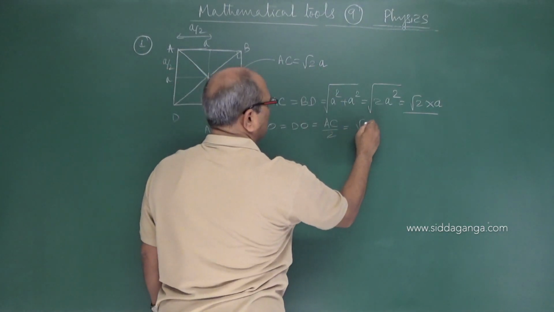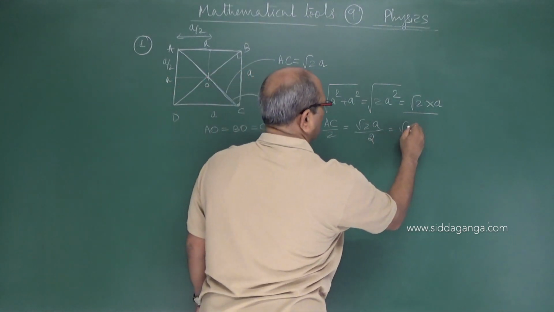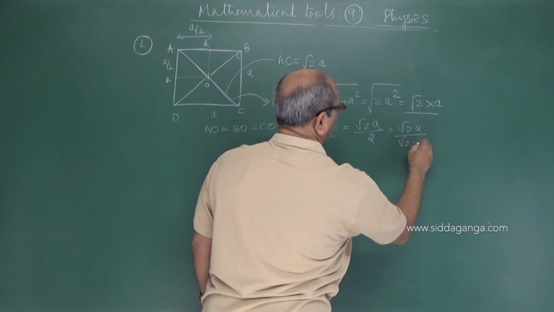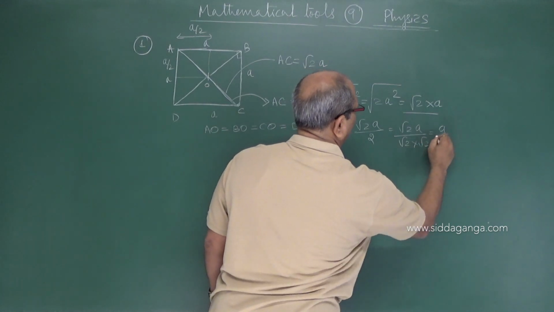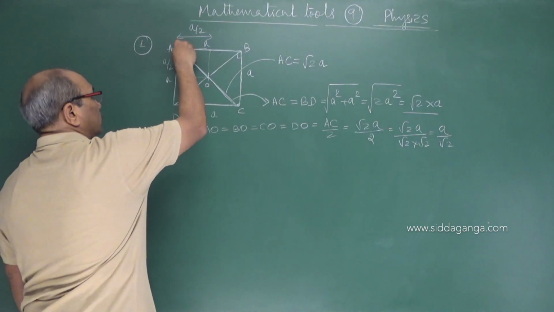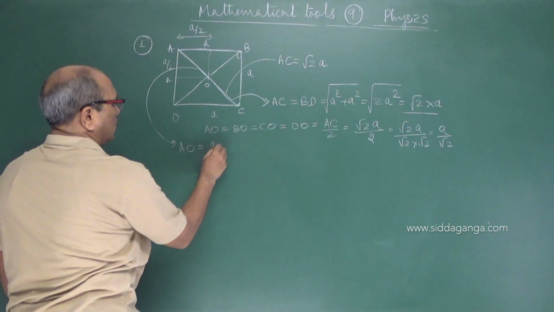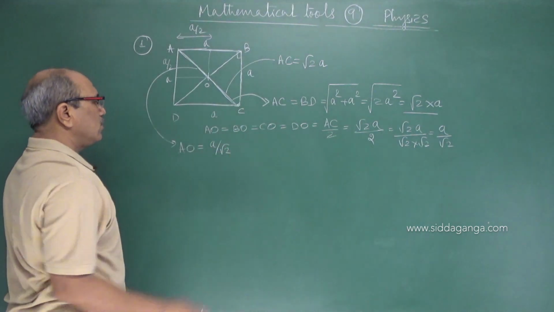AC is root 2 A, so by 2 this can be written as root 2 A by root 2 into root 2, therefore A by root 2. This length AO is A by root 2.